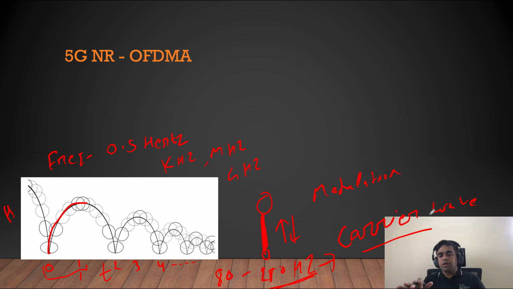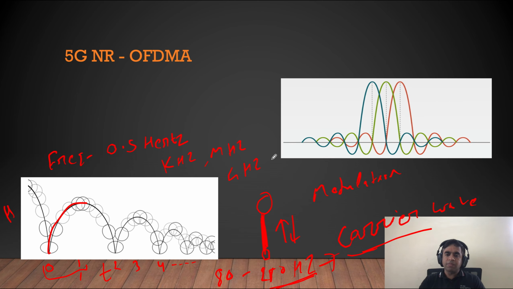So now coming back to OFDMA, there are these multiple carriers, we can call them subcarriers. There is this one carrier which you see here in blue, then another carrier which you see in green, and another carrier in orange. So there are these multiple carriers, and they travel together.